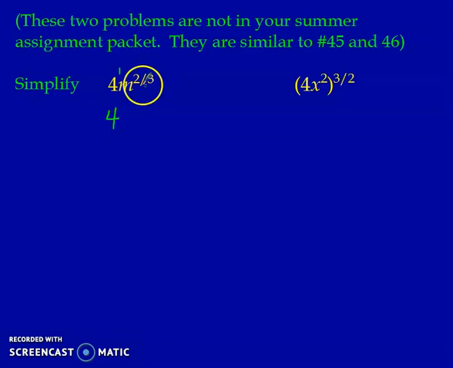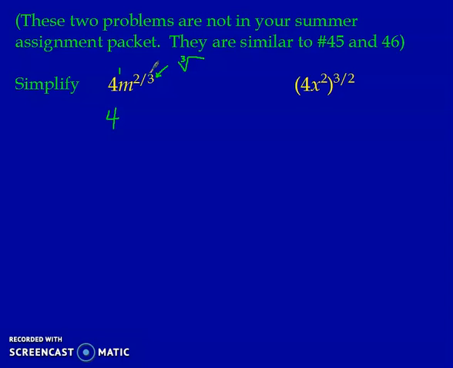And when it comes to exponents that are rational or fractional, like trees, the roots are on the bottom. So this 3 is a cube root. That 3 on the bottom of that fraction represents a cube root, and the 2 just represents an exponent of 2.